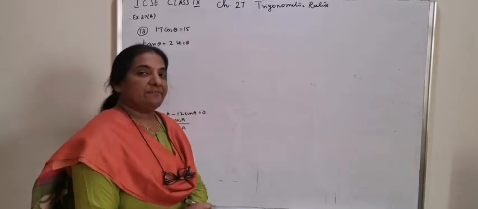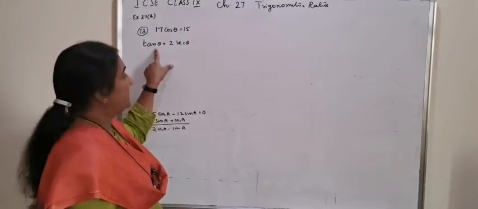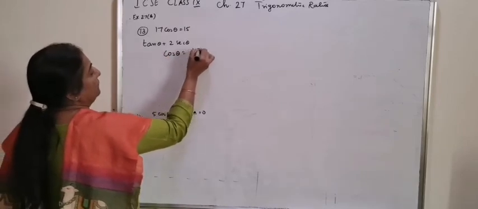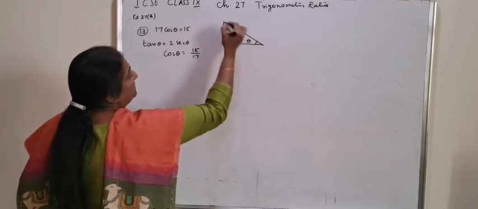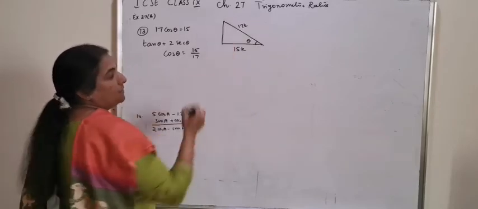Number 13. 17 cos theta is equal to 15. Evaluate tan theta plus 2 sec theta. Cos theta is equal to 15 by 17. We'll plot the triangle. Cos is base by hypotenuse.